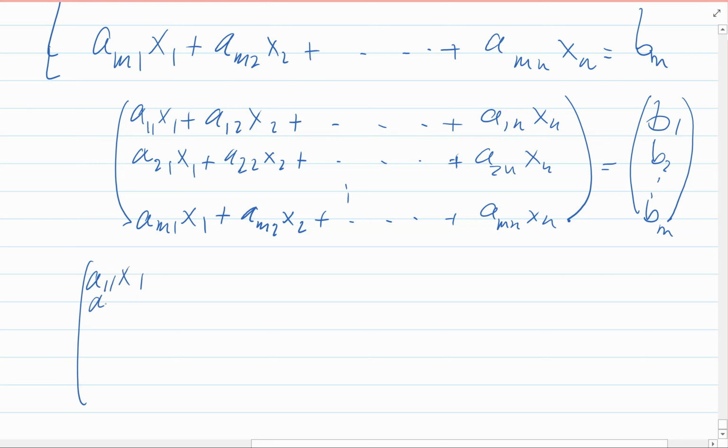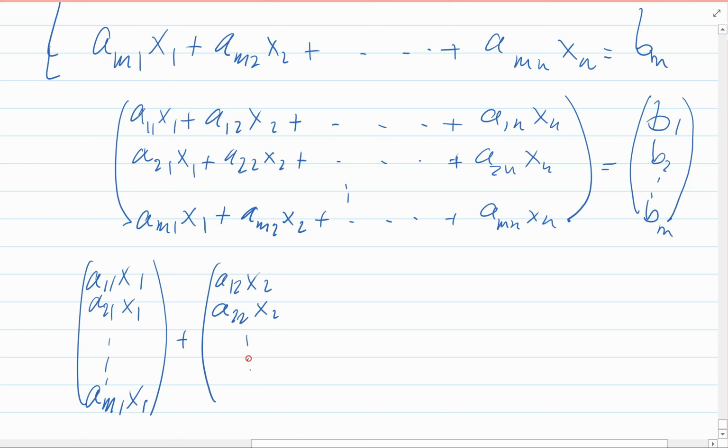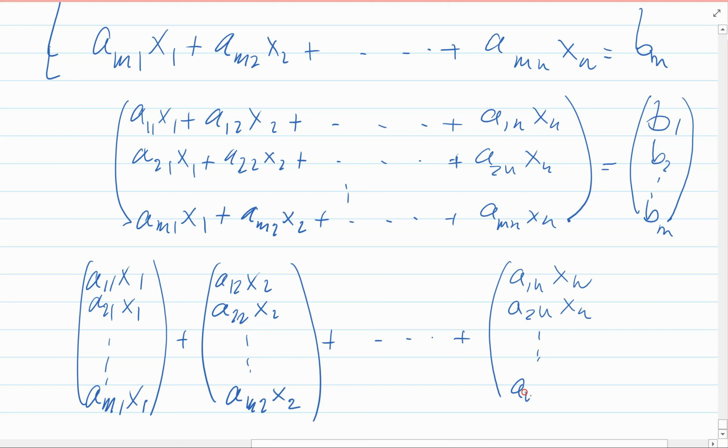A11 x1, A21 x1, etc., plus A12 x2, A22 x2, Am2 x2, plus, and the last one will be A1n xn, A2n xn, Amn xn equal B1, B2, Bm.